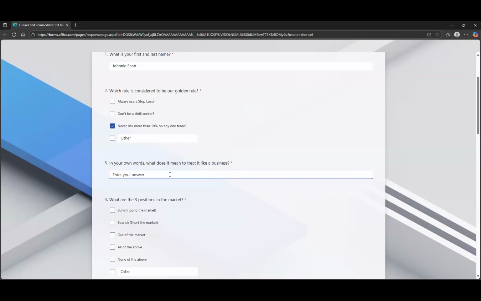Well, what I would say in terms of taking it as a business is that I follow the rules. In your business you have certain guidelines that you follow to make your profits, for your business to be successful. So in trading, you follow the rules.